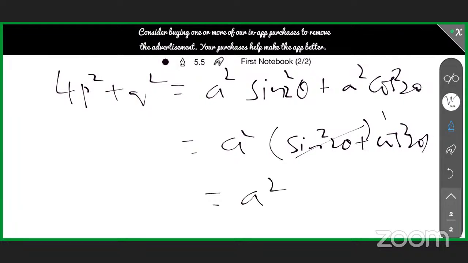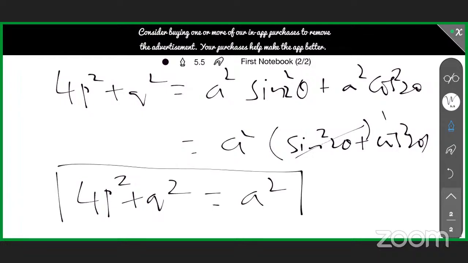Therefore, the relationship between the perpendicular distances P and Q is 4P square plus Q square is equal to A square.